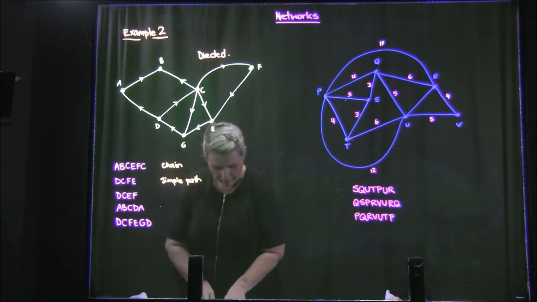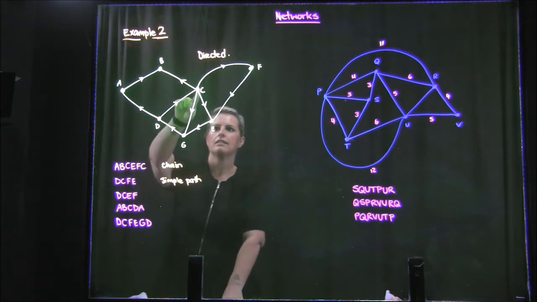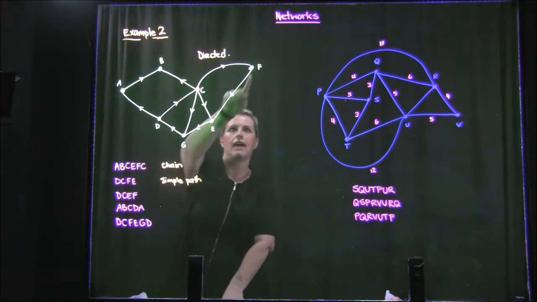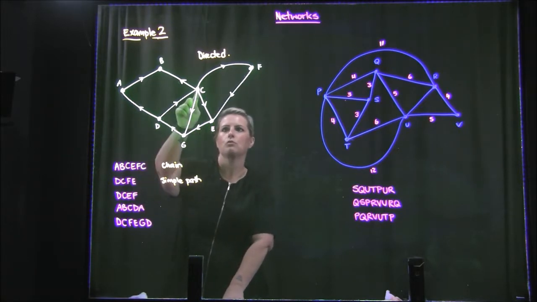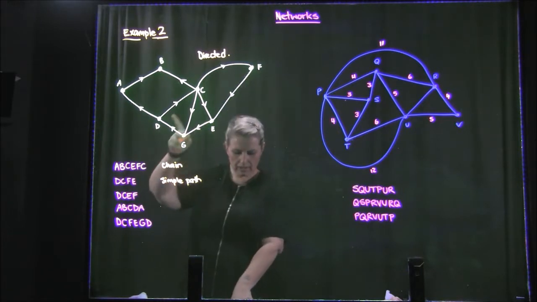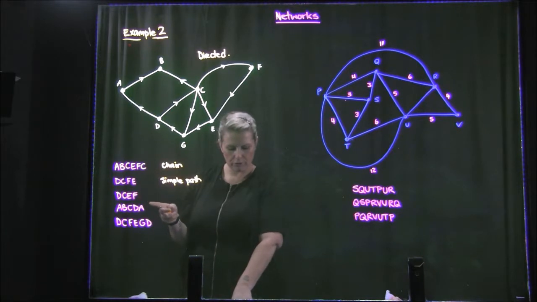Okay, then we have D, C, E, F. So I go D to C to E to F, connects a series of nodes, going towards the next node, toward the next node, backward. So not in the same direction, but it also doesn't cross over itself.